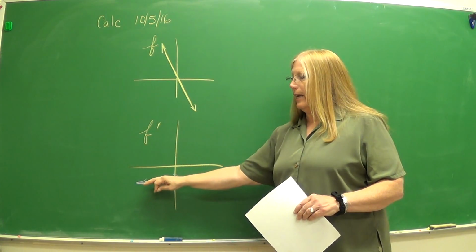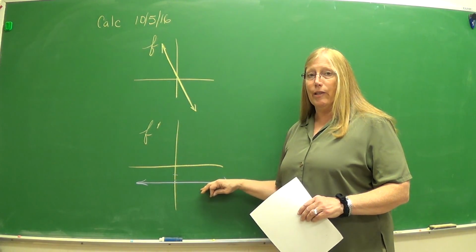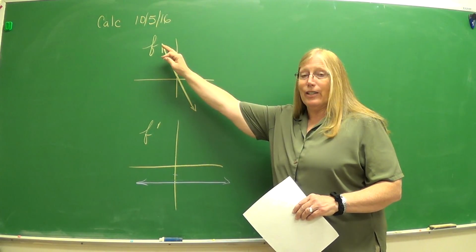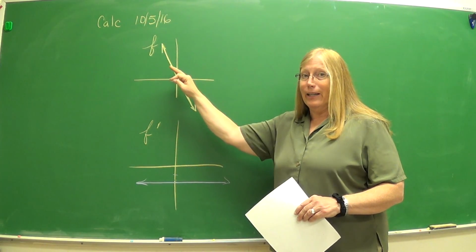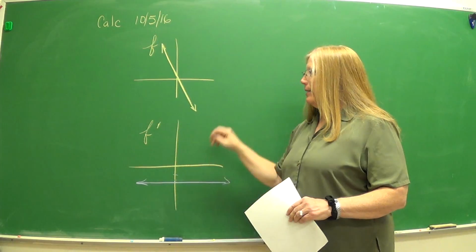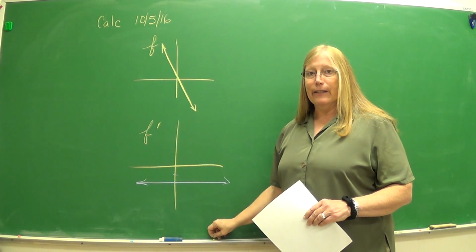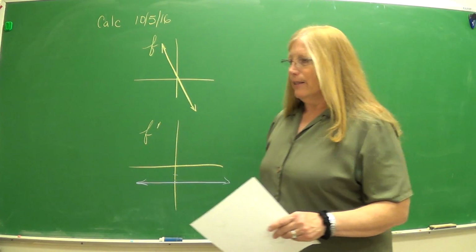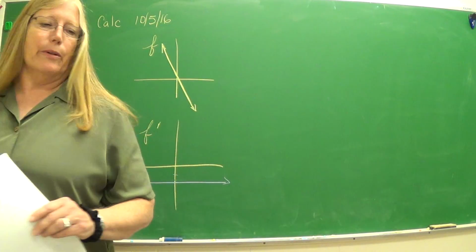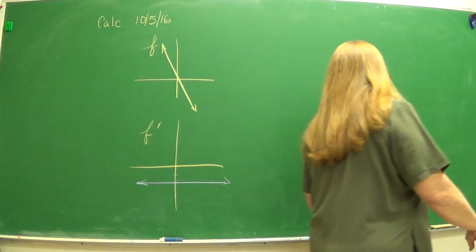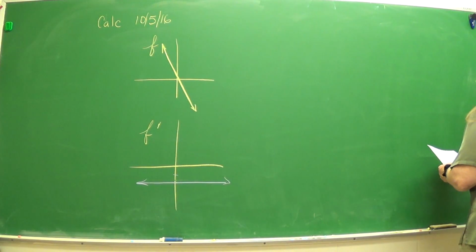This function is everywhere equal to -2, and the function's slope is everywhere equal to -2. So this is a picture of the function, and this is a picture of its derivative. All right? So let's get that down and we'll erase that and do a second one.